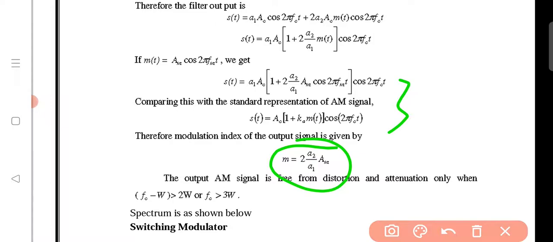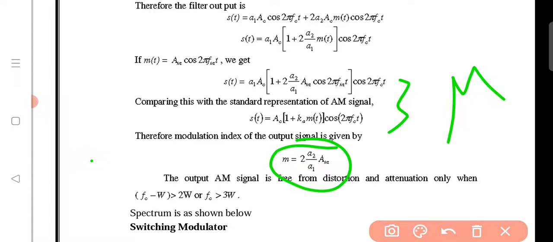In some notations small m is also used, in some notations mu is used, you don't get confused. So here the modulation index equals 2a2 by a1 into am, the modulation index in this case. Remaining all terms are present as in the standard AM wave.